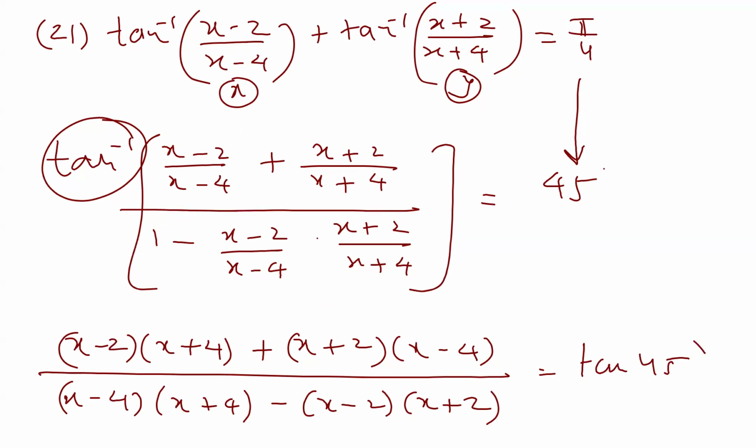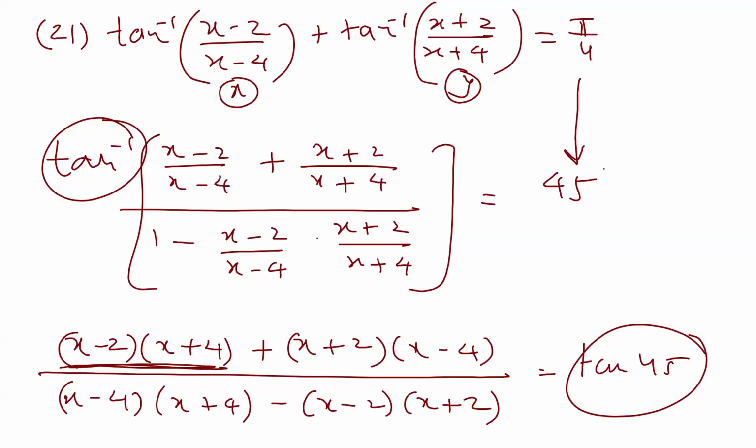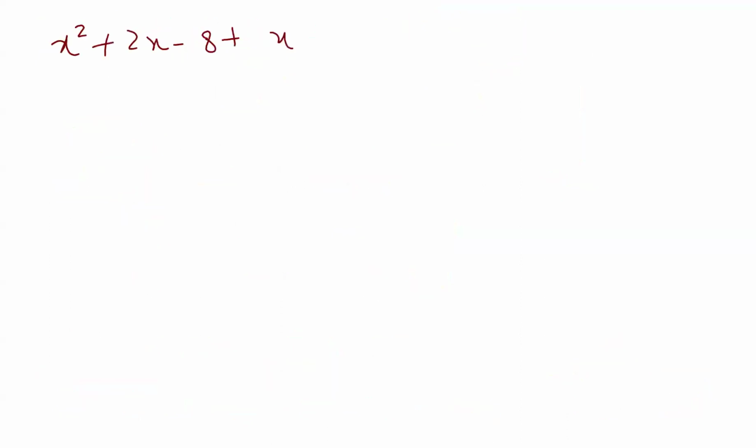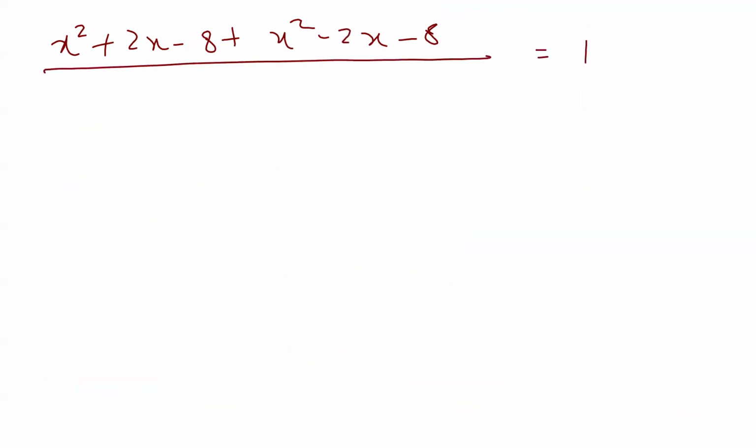So we have to solve this. Tan 45 is 1. So this part is x square plus 2x minus 8, plus this part, x square minus 4x minus 8 (sorry, x square minus 4x minus 2x minus 8), is equal to 1.